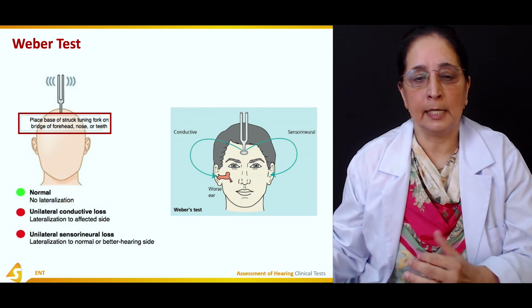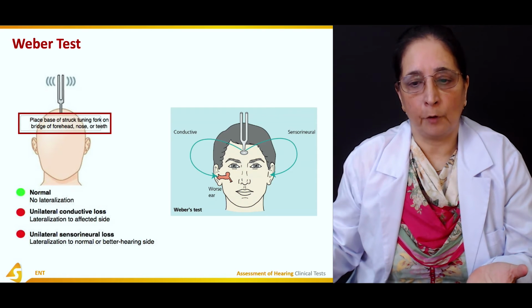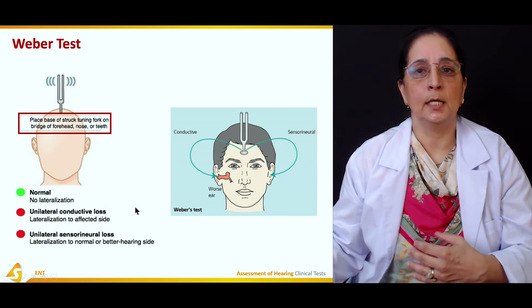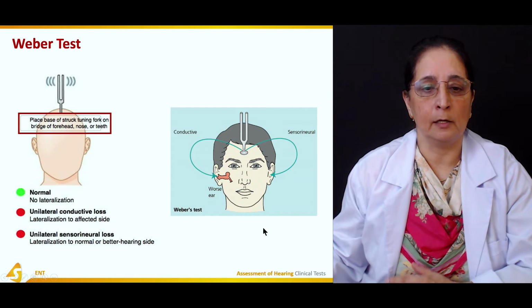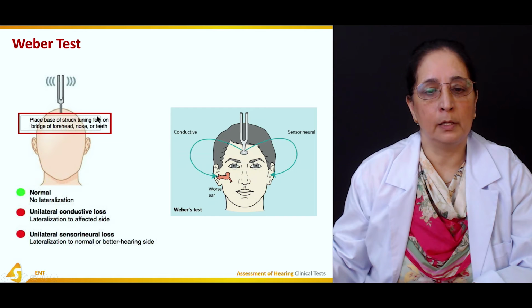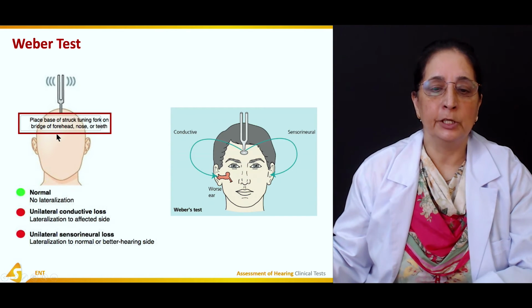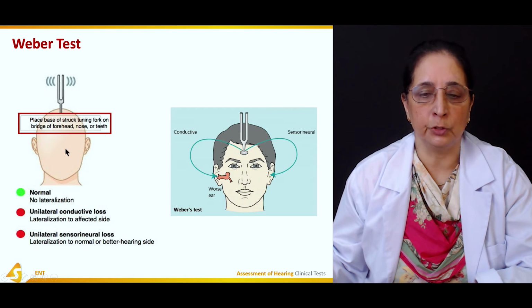And this tells us which ear has the problem, or which ear has the conductive or sensorineural hearing loss. In this, we place the tuning fork on the bridge of the forehead, nose, or teeth. Usually, the forehead is the common site to use.